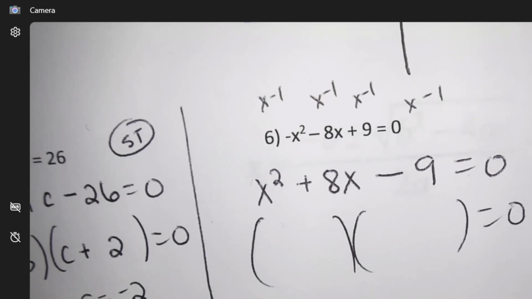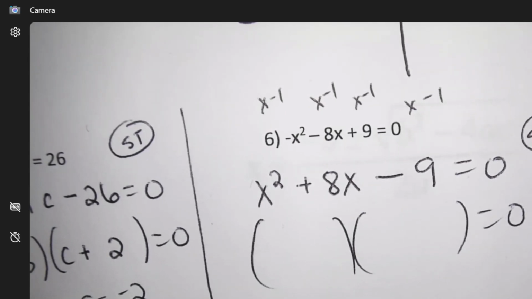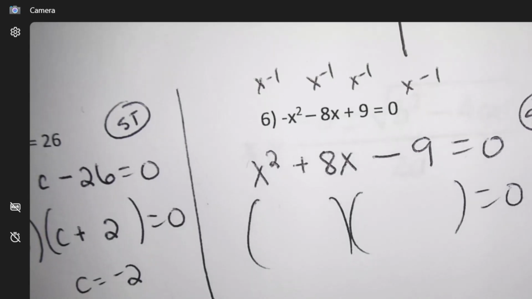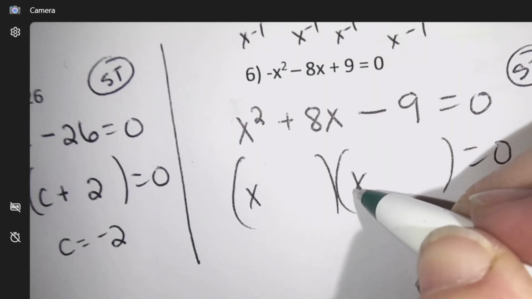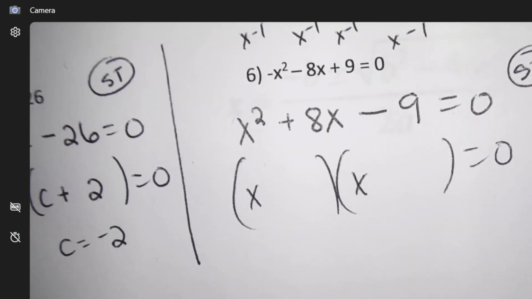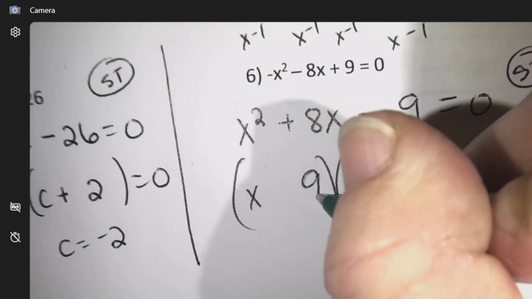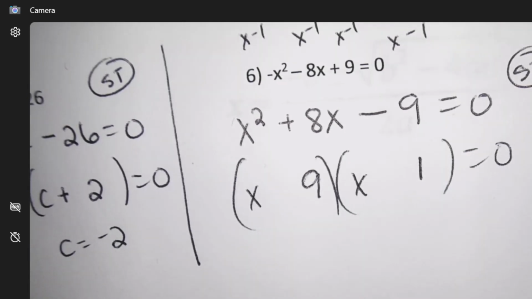Okay, now I'm dealing with a simple trinomial. So this is easier because it's x, x multiplies to 9. So 9 times 1.